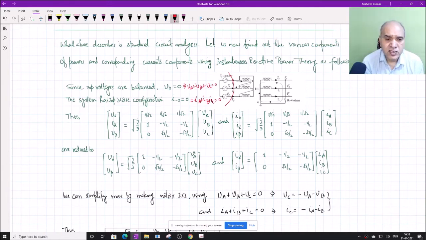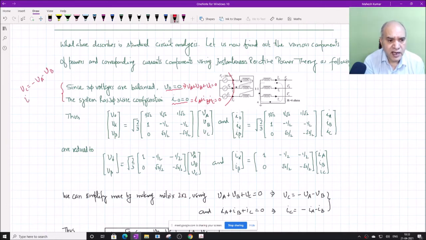Okay, so this system has a property that V0 equals 0 because of the 3-phase balanced system, and I0 is also equal to 0 because it has a 3-phase 3-wire configuration. And this implies essentially this is a 2-phase system because the third phase is redundant. For example, I can express VC equal to minus VA minus VB.